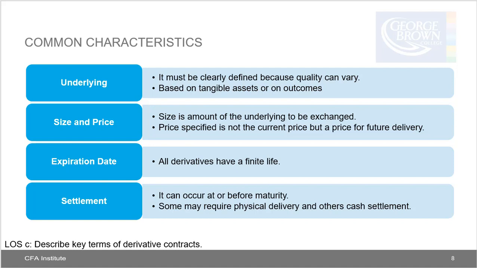Moving on to expiration date, all derivatives have a finite life. Each contract specifies a date on which the contract ends, called the expiration date. And finally, with regards to settlement, settlement describes how a contract is satisfied at expiration. This is very important.